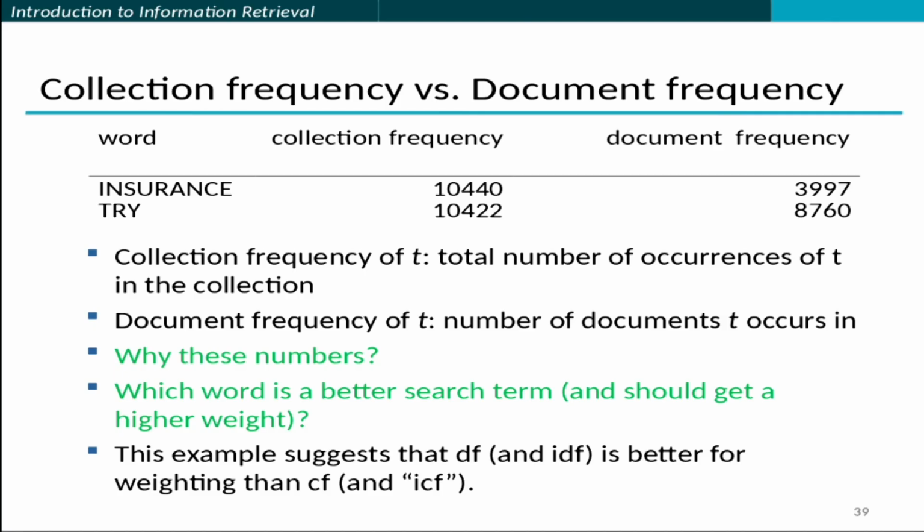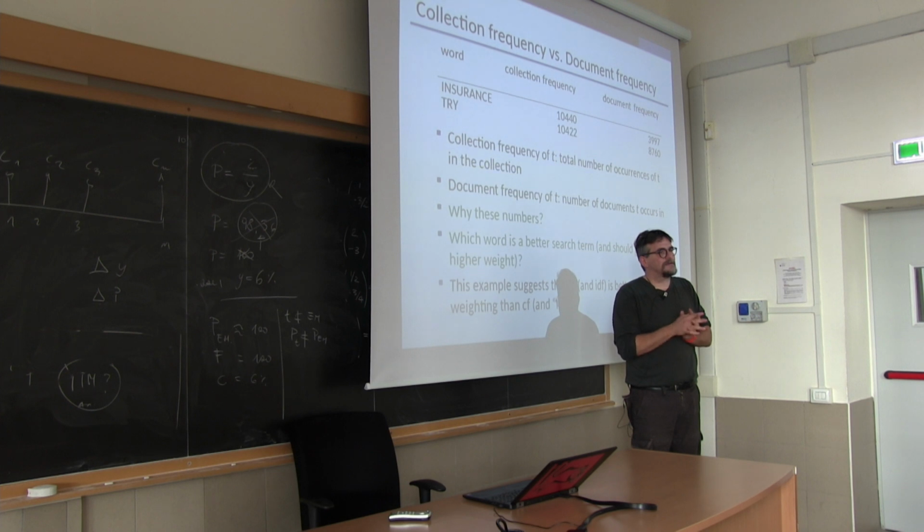Now this is an example which tells us that we had basically two options to consider the rarity of a given term: either to consider the collection frequency or the document frequency, namely to what extent a term is rare with respect to a given collection.